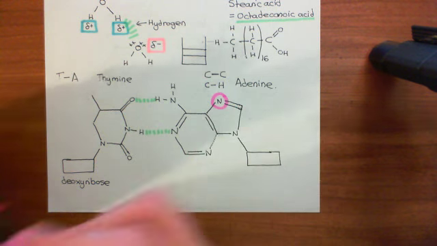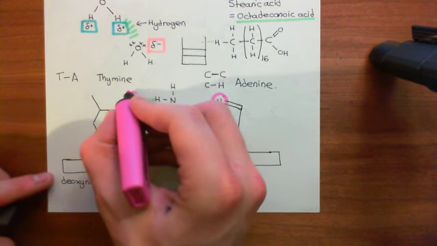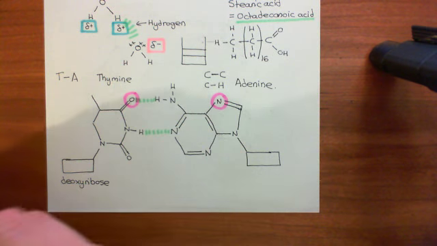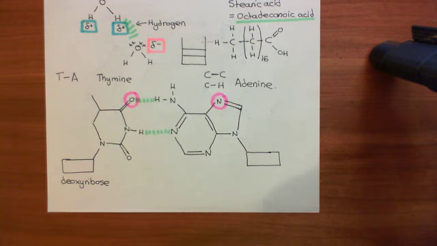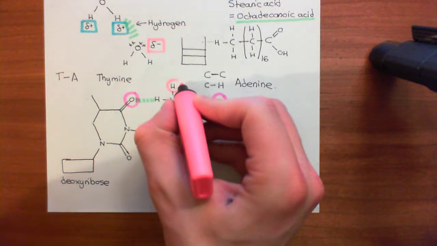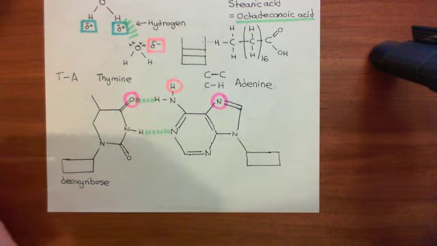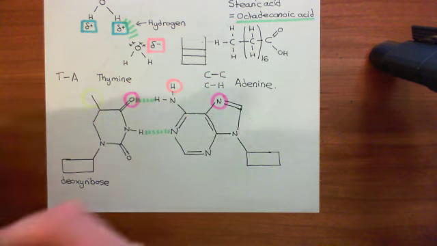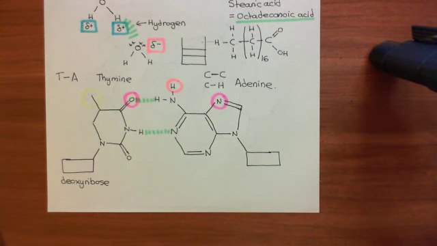We also have this oxygen, because that has another lone pair of electrons that isn't involved in this hydrogen bond. Those are both hydrogen bond acceptors. Then we have in the middle a hydrogen bond donor there. We also have this hydrophobic group here, which is available for hydrophobic interactions.